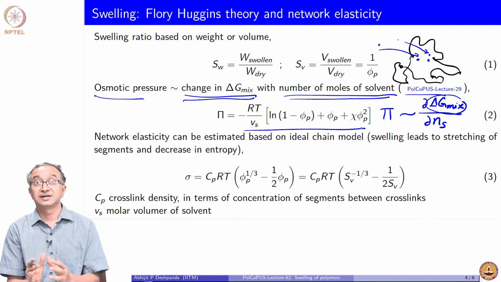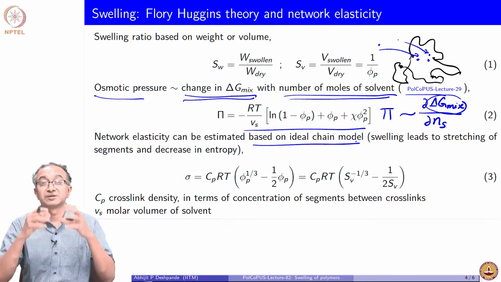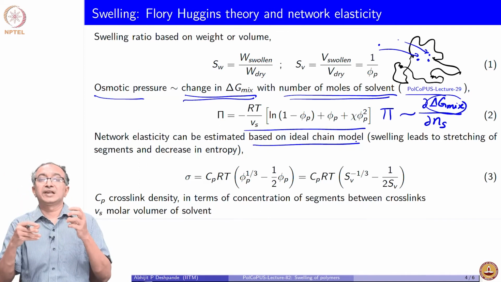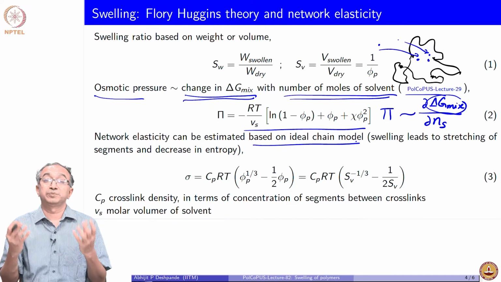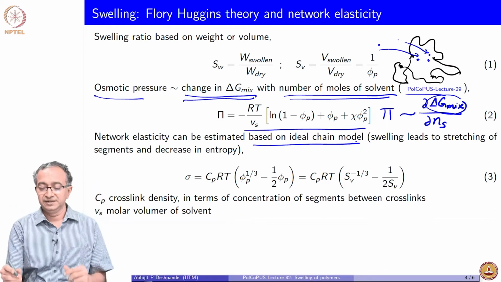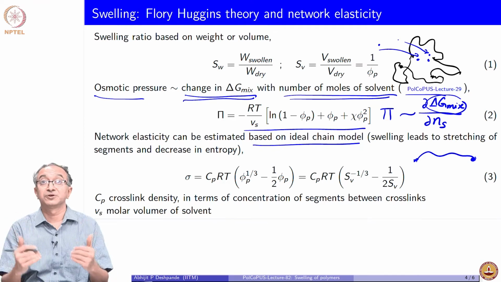Now, the other side of it, which is related to stretching of the polymer chains: whenever a chain is coil like, it can have a lot of conformations possible, and entropy is very high. When we stretch the chain, the number of conformations possible becomes very small, and therefore entropy goes down.